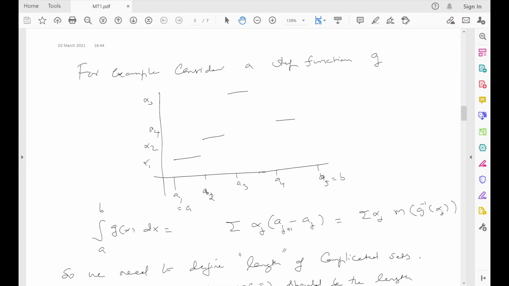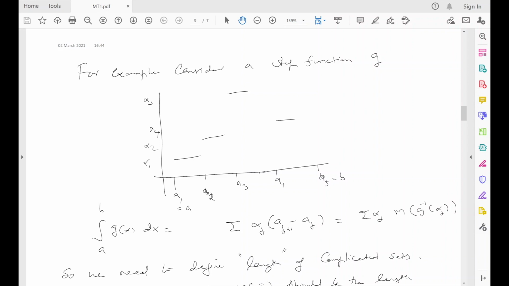Okay, so g inverse of alpha j is the interval aj to aj plus 1, and you look at the length of that interval, that is aj plus 1 minus aj, and multiply by a value in the range, that is alpha j. So this is precisely what happens with the step function, and for step functions the procedure which I defined as Lebesgue's idea and Riemann's integral are essentially the same, right?